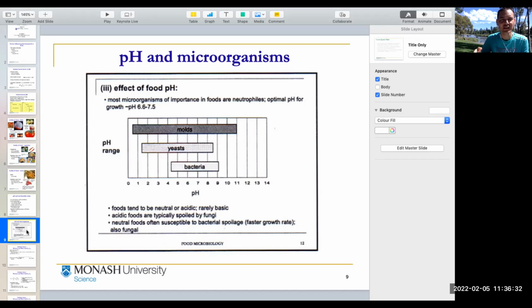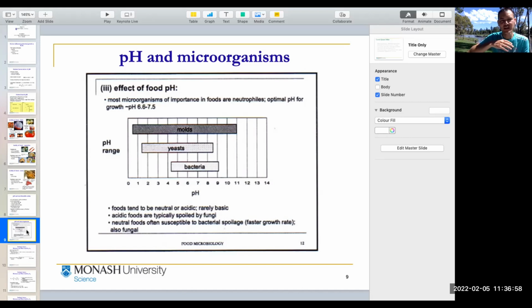So we actually select for the growth of fungi by reducing the pH. By adding acids in there, reducing the pH, say, to 6 or to 5, or even lower to 3 or 4, we're certainly gradually reducing the capability of bacteria to grow, or eliminating it by the time we get down to a pH of 3 or so. But we're increasingly selecting for the growth of yeast and molds.